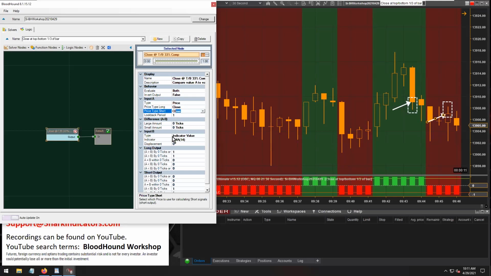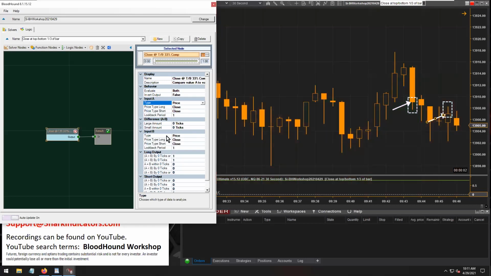Input B is also going to be price type as well, but this is going to be the high or the low of the bar, so we can compare whether the close is near the bottom or near the top.